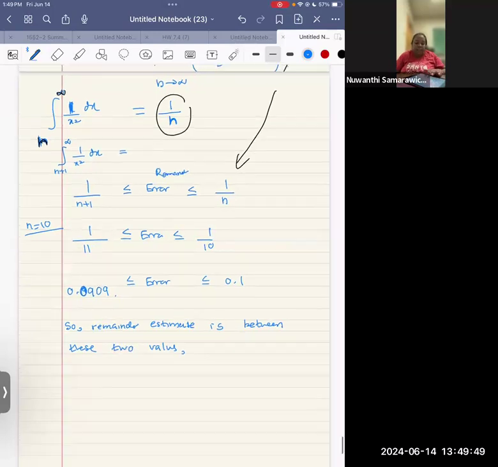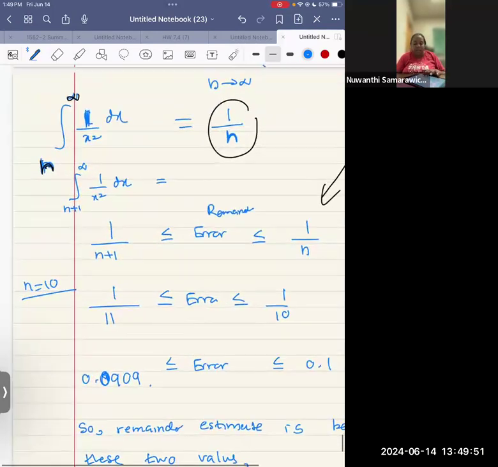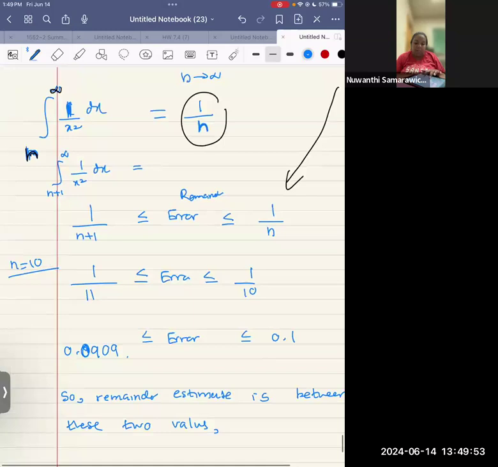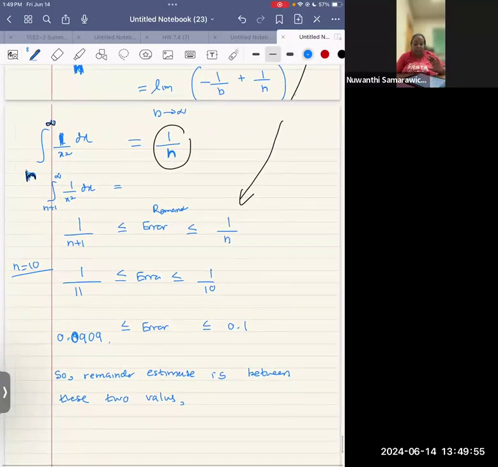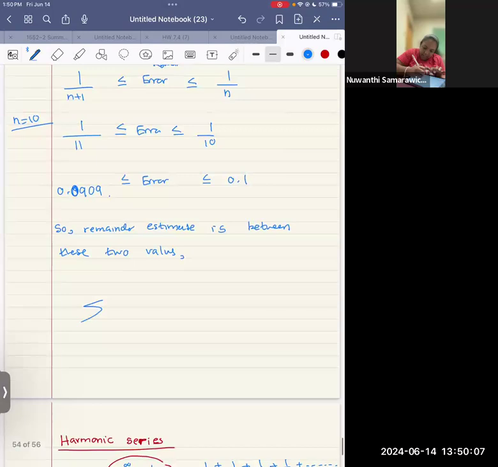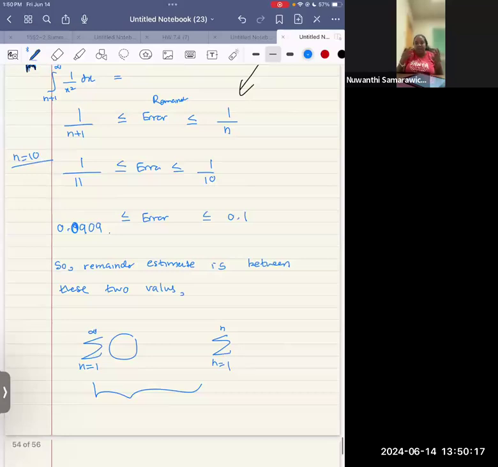Okay, that's why we learn the remainder estimate, to find errors. What do you mean by error? Error means, what is the infinite series value, and then we are taking the partial sum. Then what is the remainder? What is the error?